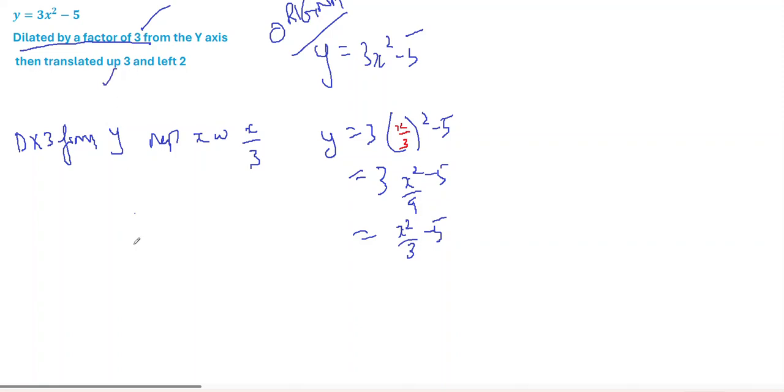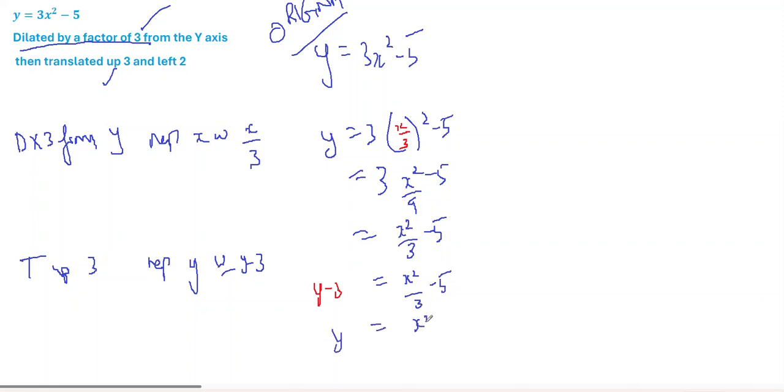Then translate it up 3. Translate up 3, therefore replace y with y minus 3. So I will have y minus 3 equals x squared on 3 minus 5. Therefore, y equals x squared on 3 minus 2, because the 3 comes over in pluses.